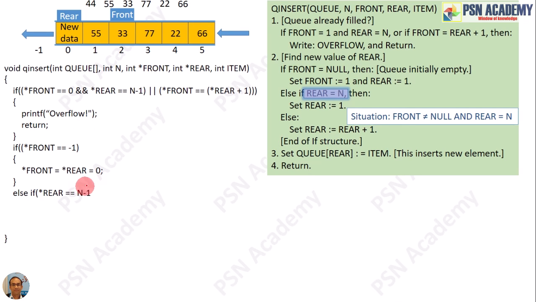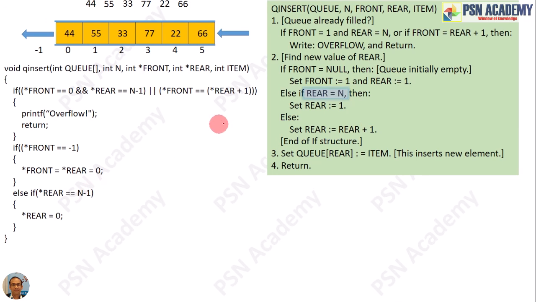The code will be like this. *rear is n minus 1. Then you set *rear to 0. Now we go to the else part. The else part says that front is not null and rear also is not n.